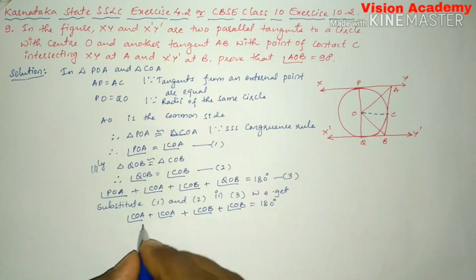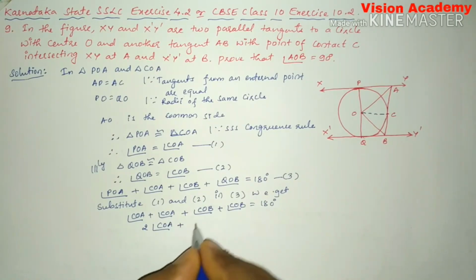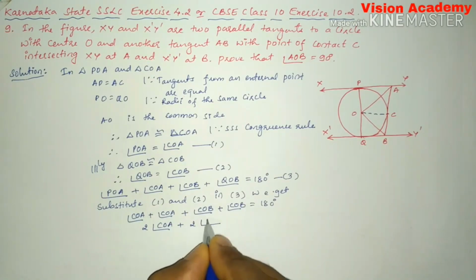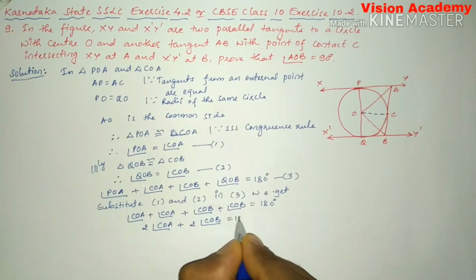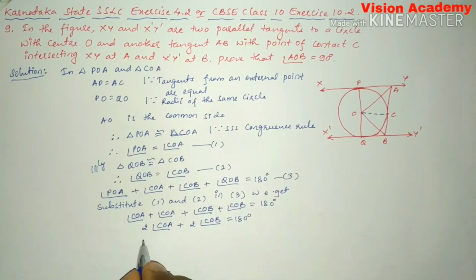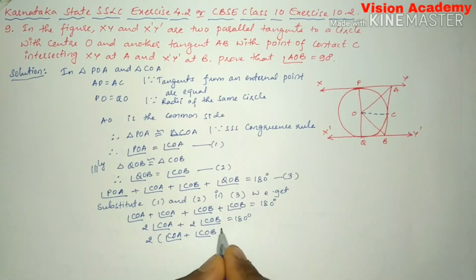COA plus COA gives us 2 times angle COA, plus COB plus angle COB gives us 2 times angle COB, which is equal to 180 degree. Now let us take 2 as common out. So we remain with, inside the bracket, angle COA plus angle COB, which is equal to 180 degree.